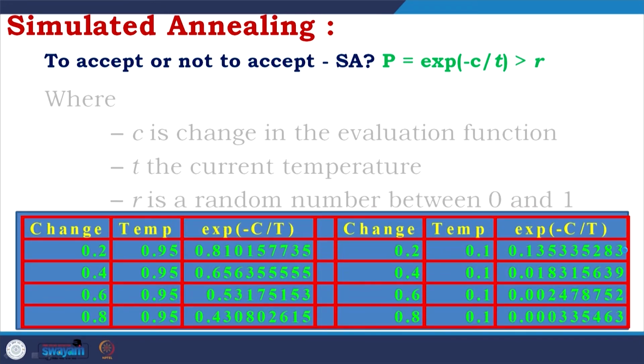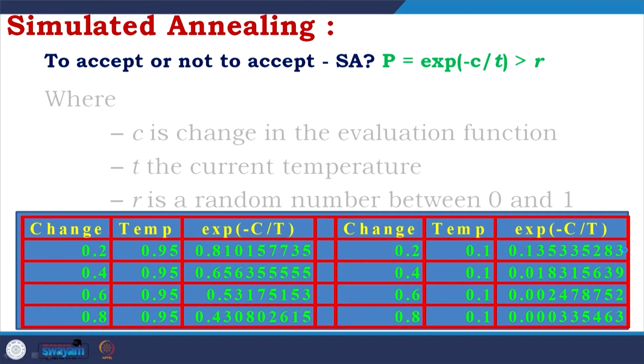So, you see there is a case study I have given where the change is 0.2, 0.4, 0.6, 0.8 at temperature 0.95 and at 0.1, and you see the values of the exponential.